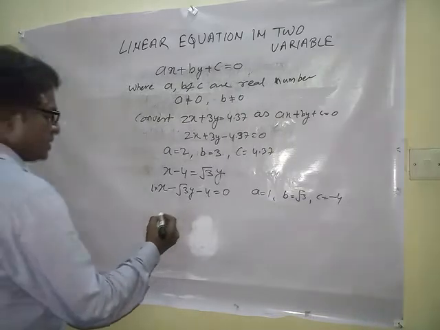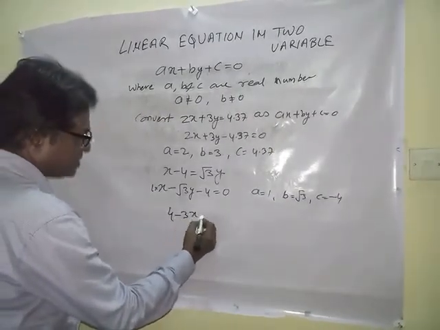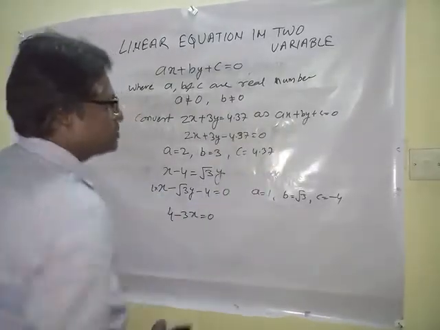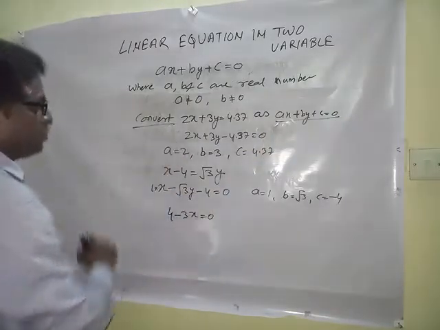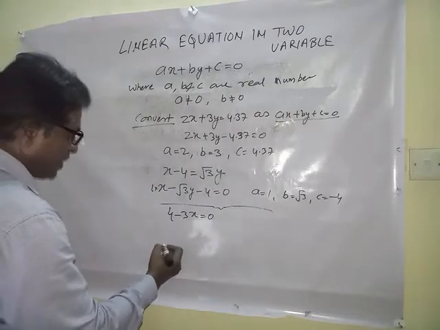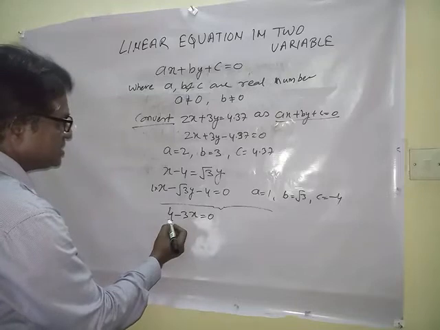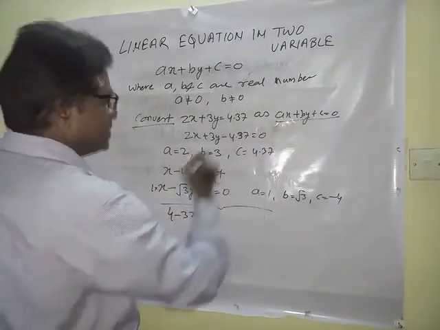Now another is given, 4 minus 3x is equal to 0. Convert this equation into ax plus by plus c is equal to 0. This same thing we are solving. Here ax is given, c is given, but y is missing. Why is y missing? Because b is equal to 0.